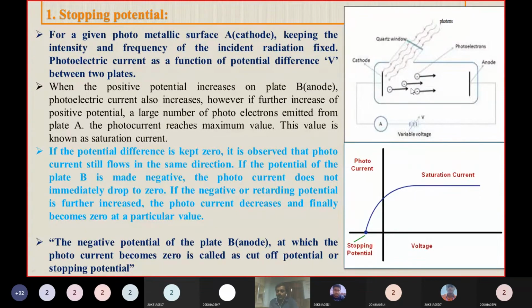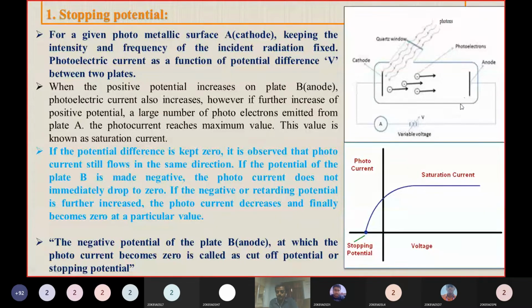Initially, if you apply a small potential, some electrons move to this side, some to that side. If you increase the potential difference, this positive plate tries to attract all the electrons.